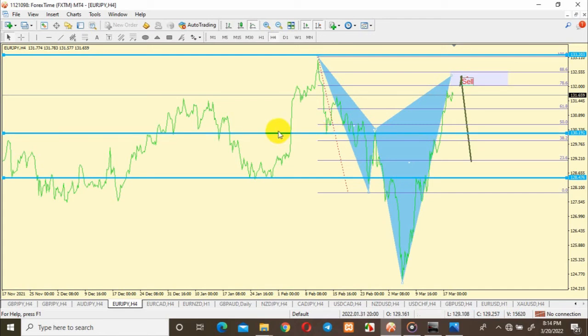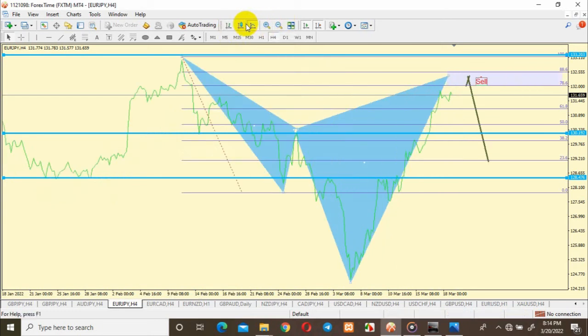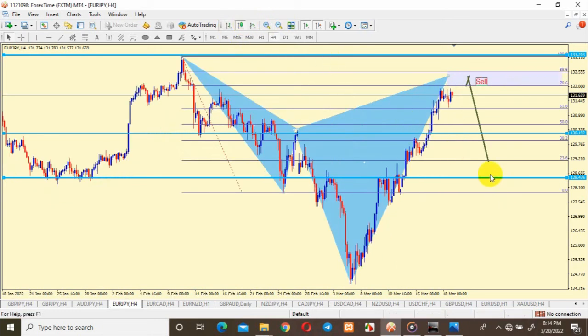So I'm taking this support. Let's go back to the chart. If you take a sell, target this zone. So target 1 should be here.